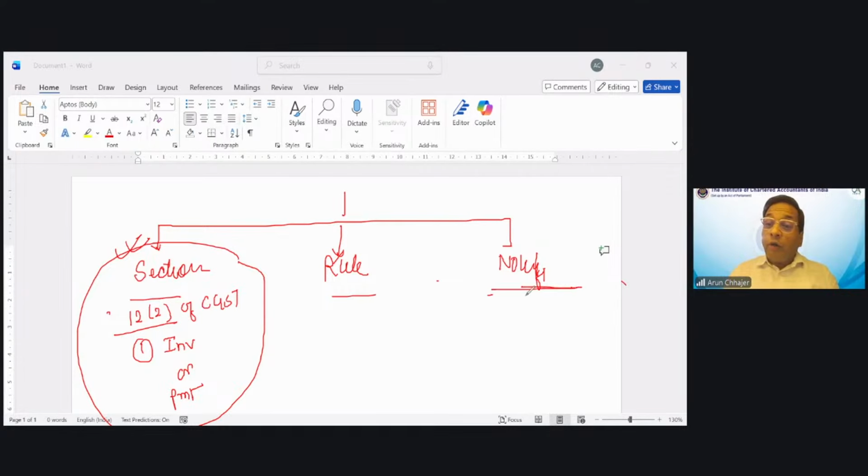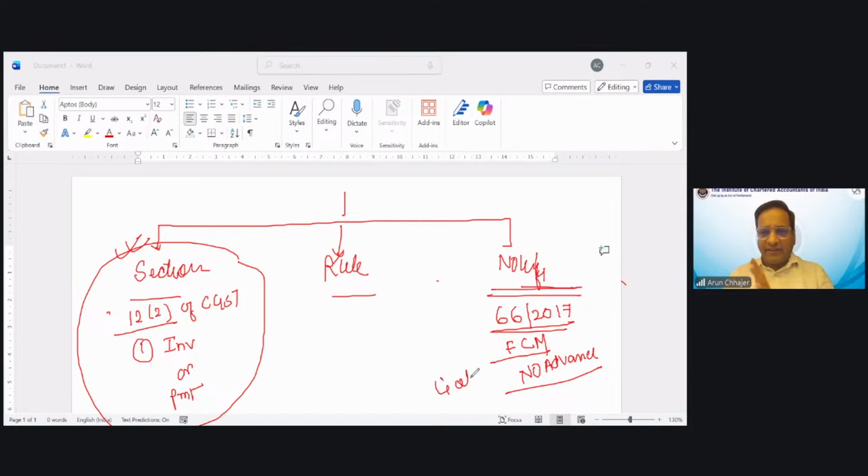Now, government has issued one notification 66 by 2017. They are saying that in case of goods, no advance liability will be payable. See, the language was very tough. In short, I'm saying liability is not payable on advance for goods.